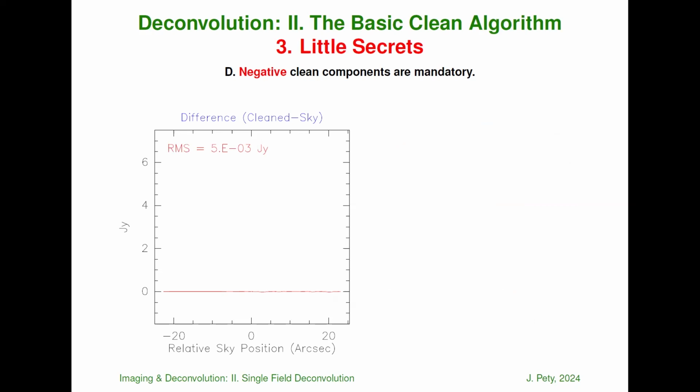And we see that it's almost 0 now, the difference. And in fact, the RMS decreased by more than 1 order of magnitude. Okay? So having negative clean components is required if you want to converge.